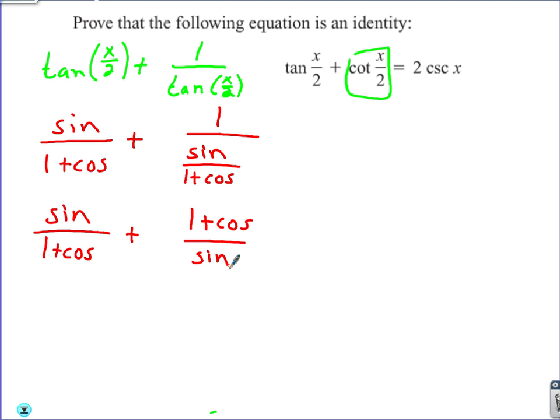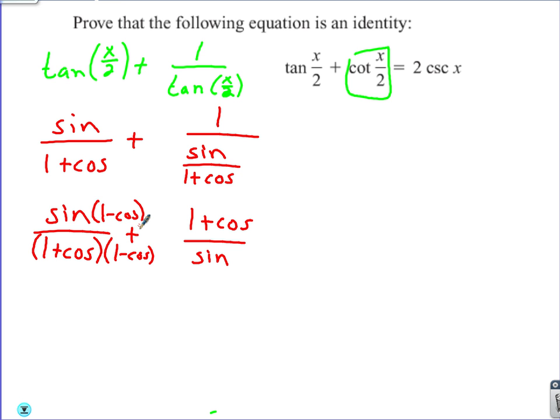Watch how I get common denominators here. This will be pretty good. First off, I'm going to take over here and I'm going to multiply this by the conjugate. And try to think ahead as to what that's going to do. 1 plus cosine times 1 minus cosine will give me 1 minus cosine squared, correct? What is 1 minus cosine squared?